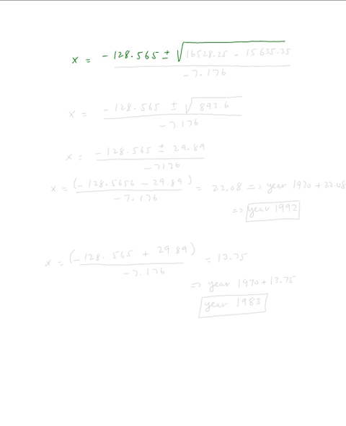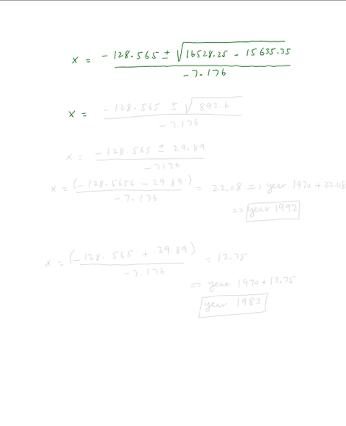So 128.565 squared is 16,528.25, minus, and if we multiply 4 times negative 3.588 times negative 1089.42, we'll get 15,635.35. And in the denominator, multiply 2 times negative 3.588, we get negative 7.176.